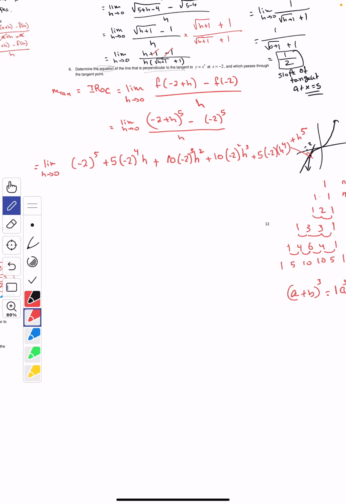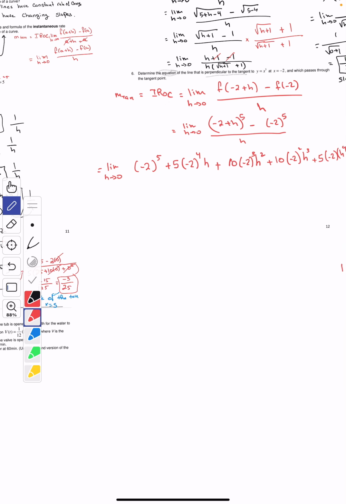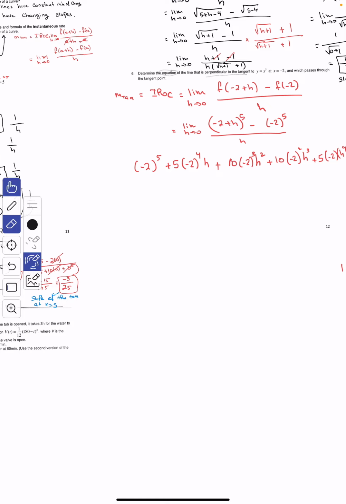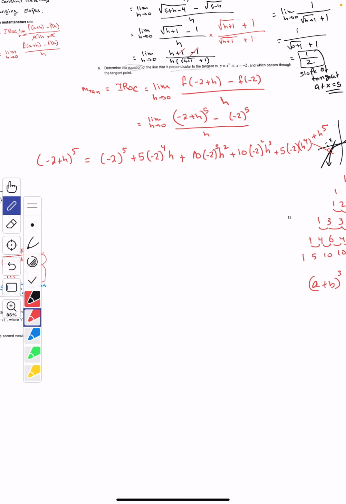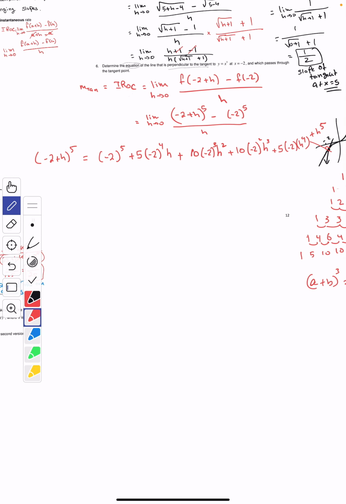I'm just going to change this notation here for a second. So basically this is the expansion, but just because I didn't have too much room here. So this is basically the expansion of negative 2 plus h to the power of 5. That's why I changed my notation, just because I don't have room.